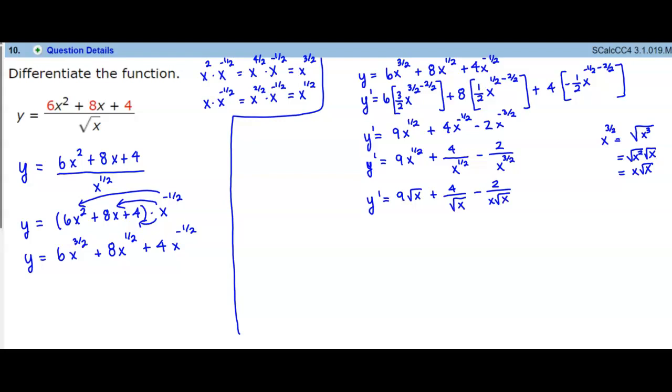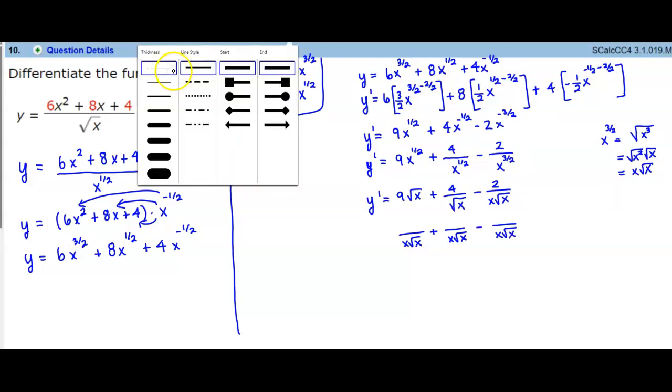Okay, now as you can see, this is the answer to the derivative, but if we want to simplify this a little further, we want to make sure that we can write this all as one term. In order to do that, we're going to have to find a common denominator. Well, the common denominator is x times the square root of x.